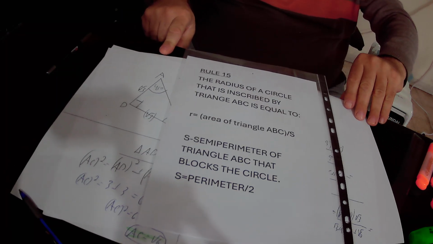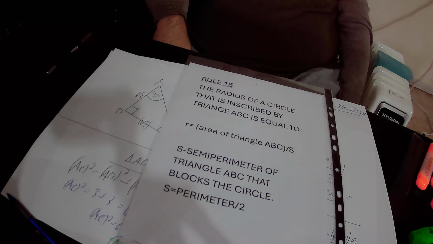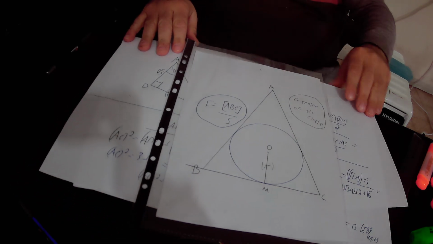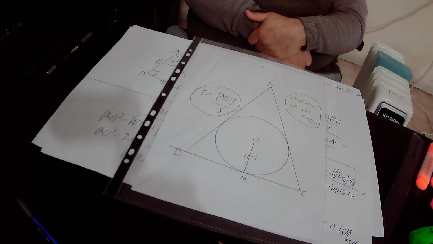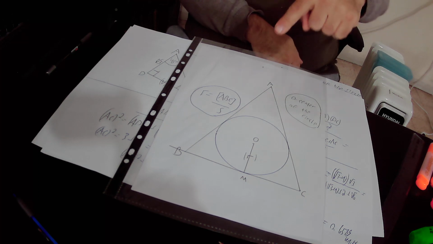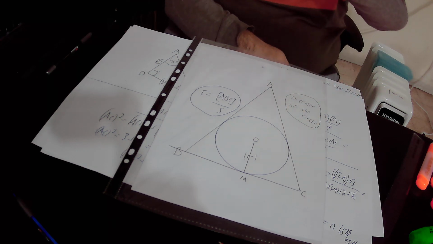According to this rule, the radius R of a circle that is inscribed by triangle ABC equals the area of triangle ABC over the semi-perimeter of the triangle. So here we have triangle ABC, which could be any triangle, and this triangle ABC blocks this circle, or the circle is inscribed by triangle ABC.